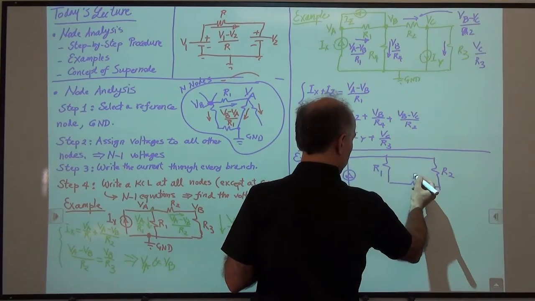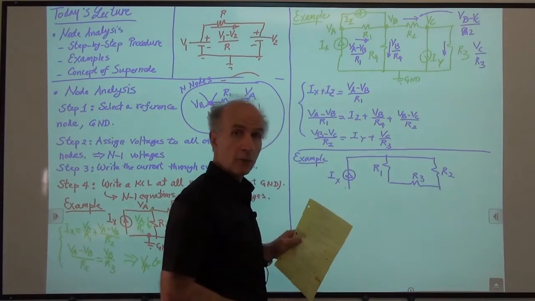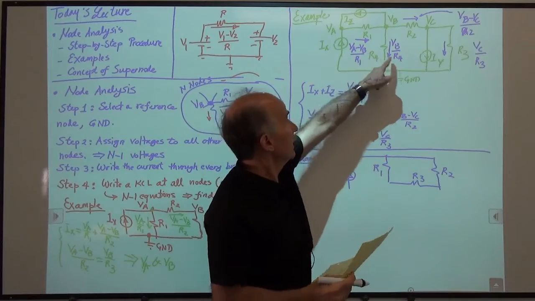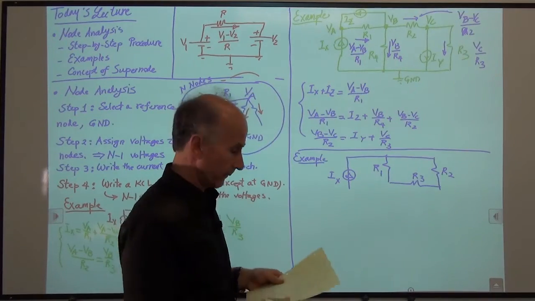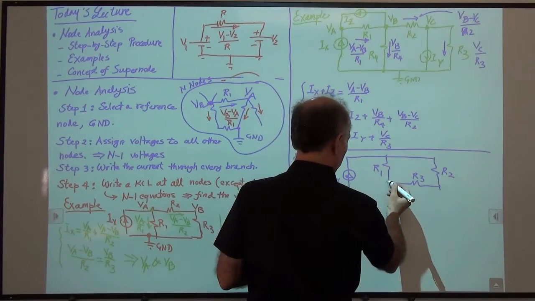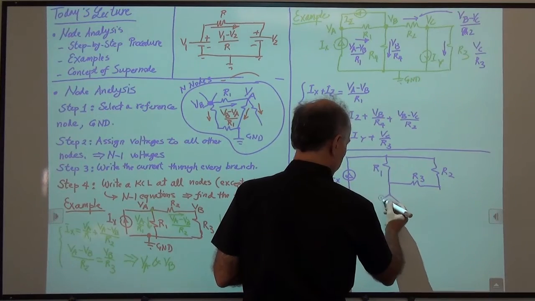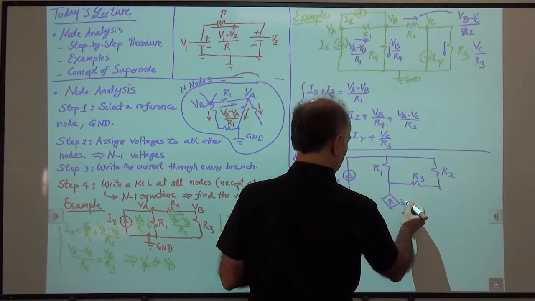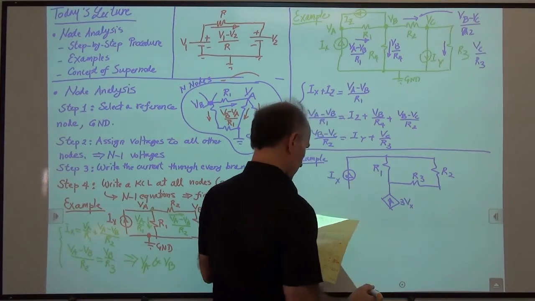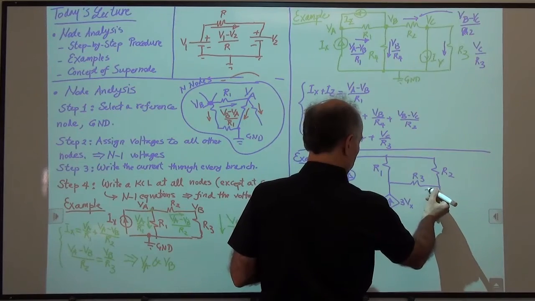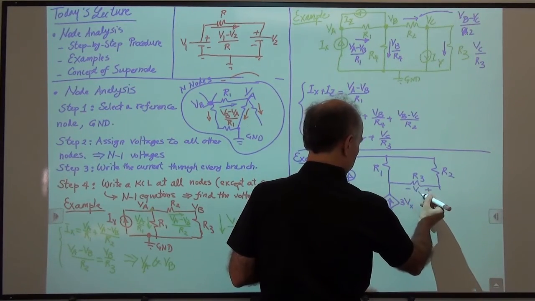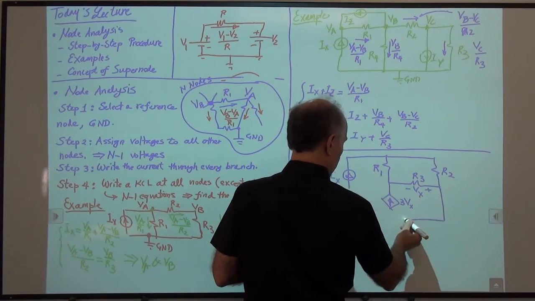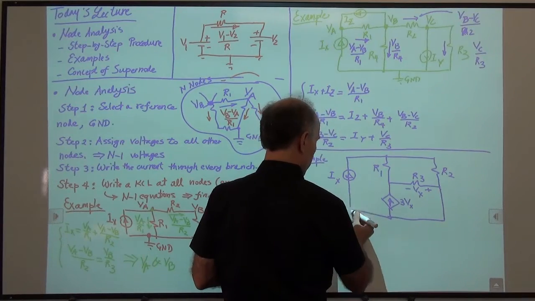I'm trying to draw the circuit big so that I have room for all the current annotations that I need to add later. And then we have a dependent current source down here, whose value is 3Vx, and Vx is this voltage here, Vx. And then these all come together like this.